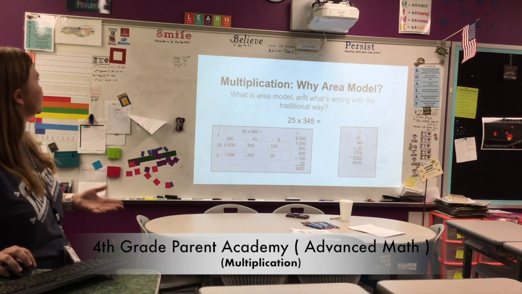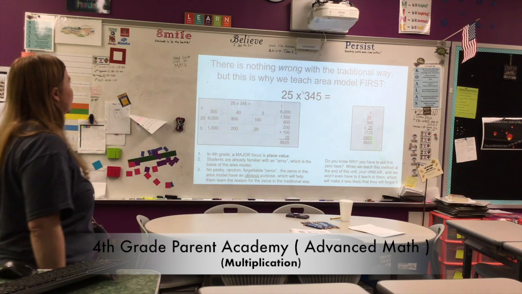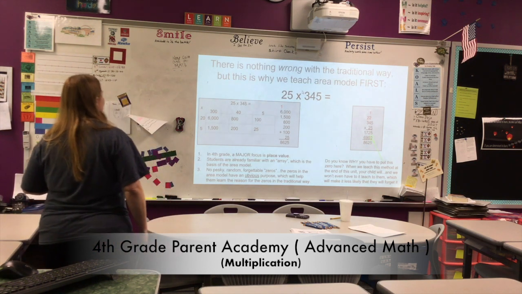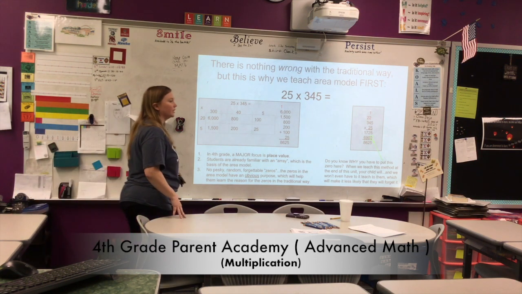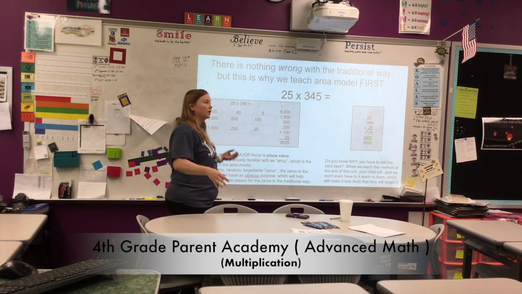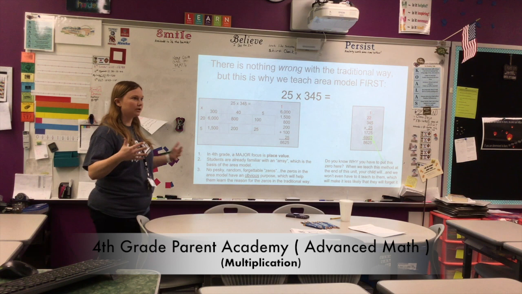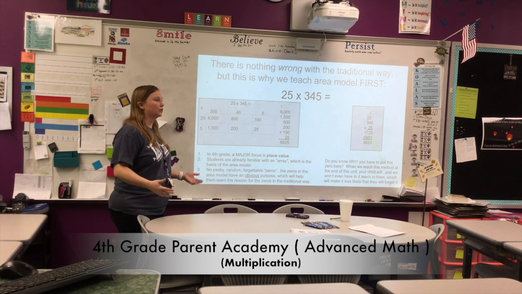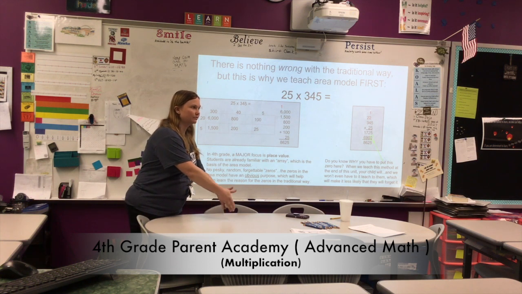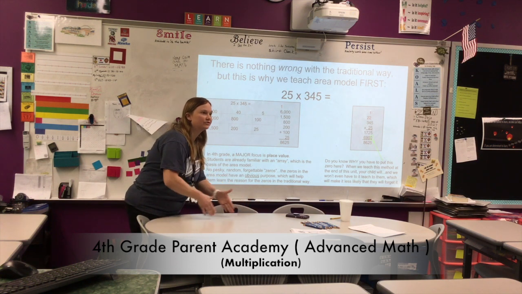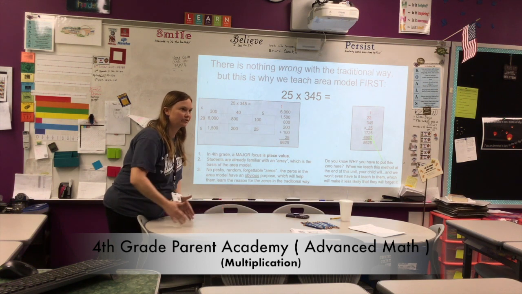All right. So what is the area model? What's wrong with the traditional way? There's nothing wrong with the traditional way. But this is why we teach them this first, okay? So in fourth grade, in elementary altogether, place value and understanding numbers is our big emphasis. So it's no longer, here's this skill, you memorize the steps. Every time you see a problem that looks similar to this, these are the steps you do.